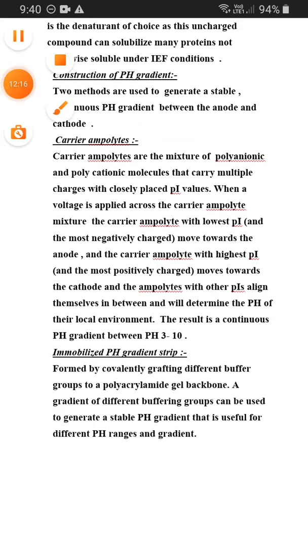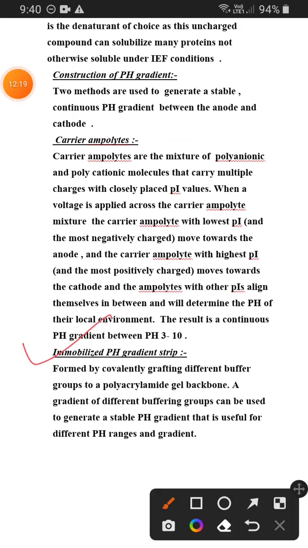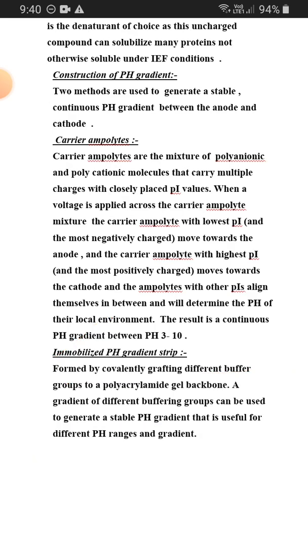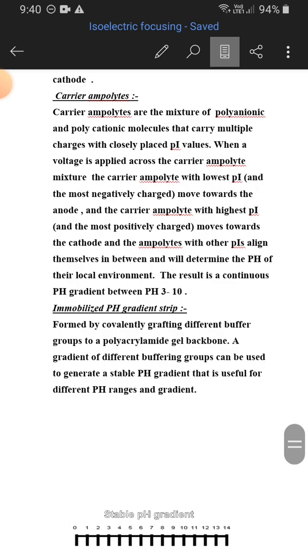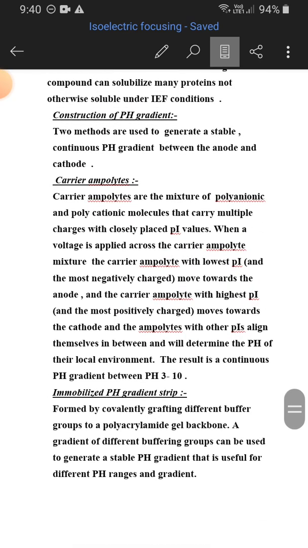And we can also use an immobilized gradient strip where we covalently graft different buffer groups, and on the basis of the different buffer groups we can create a pH gradient. So these are the two methods that we can take under consideration. Now we have successfully generated the pH gradient.